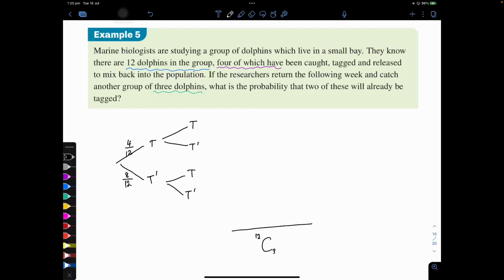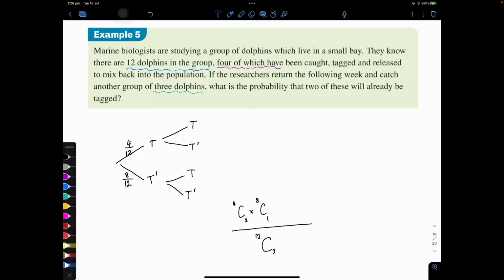Out of the 4 tagged dolphins, you could choose 2 of them. And then one of them is not tagged, which is from the rest of the 8. That's it. You don't need to calculate the other probabilities.